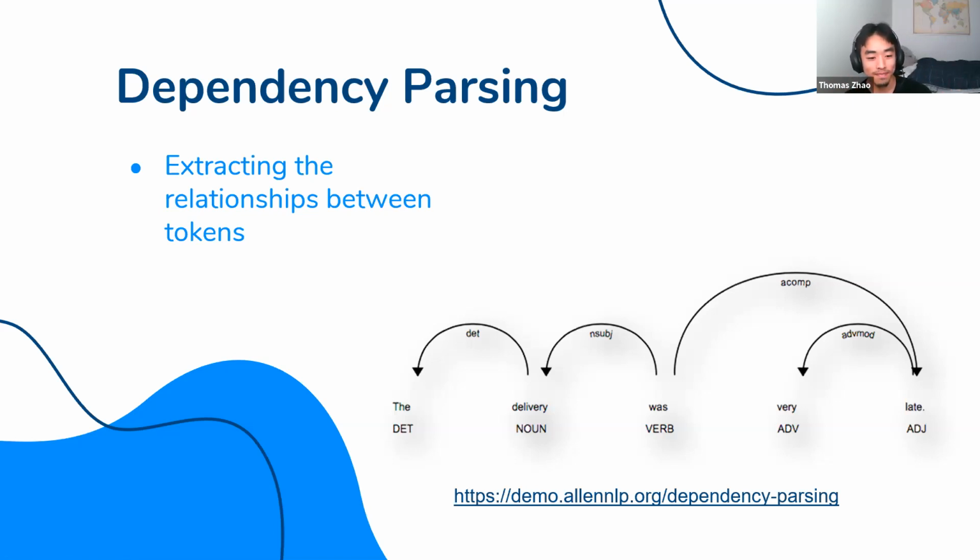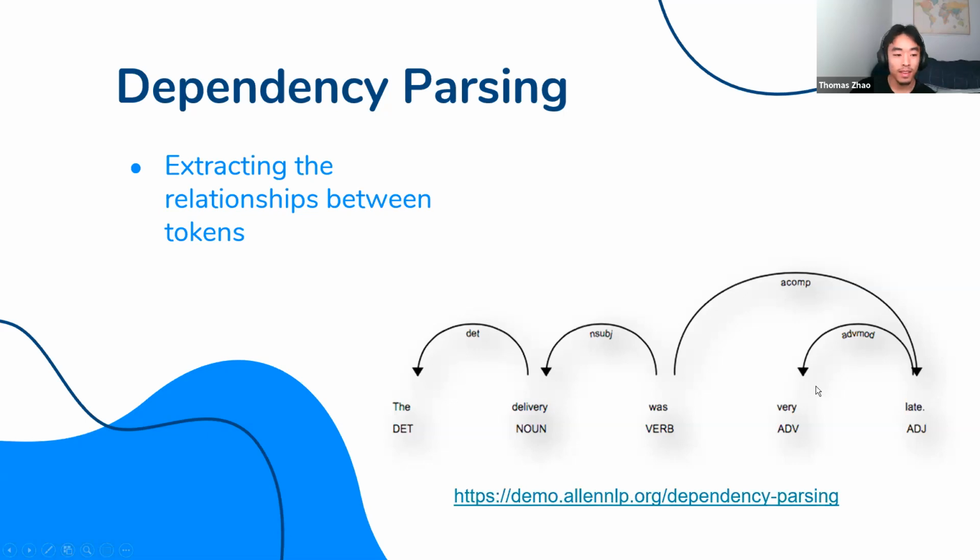Dependency parsing is trying to get the relationships between tokens. And so if you have a sentence, there's this whole algorithm that converts the sentence into a sort of tree. And you can see this tree here. It's a bit non-intuitive, which is why I have this cool demo that spaCy has released. Let me see if I can open it.